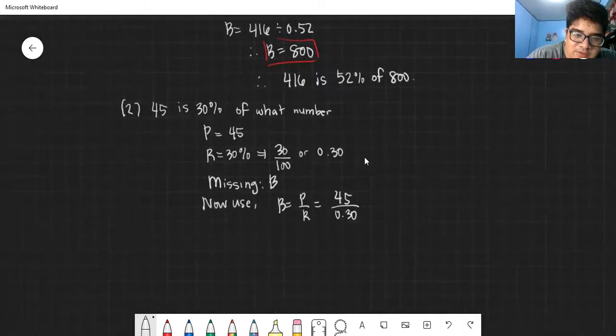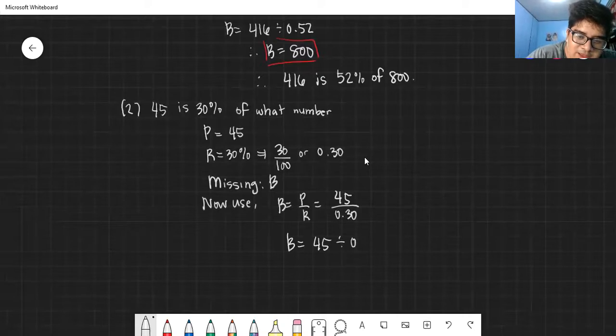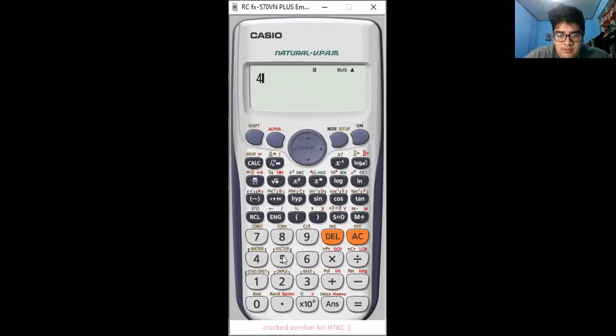So this becomes a division problem once more. B is equal to 45 divided by 0.30, which we'll plug into a calculator. So 45 divided by 0.30 is just equal to 150, as you can see. Very good.